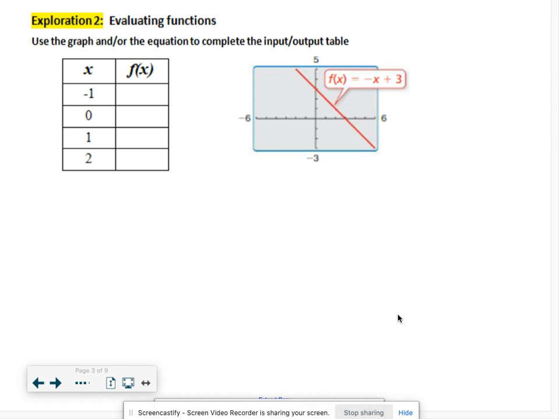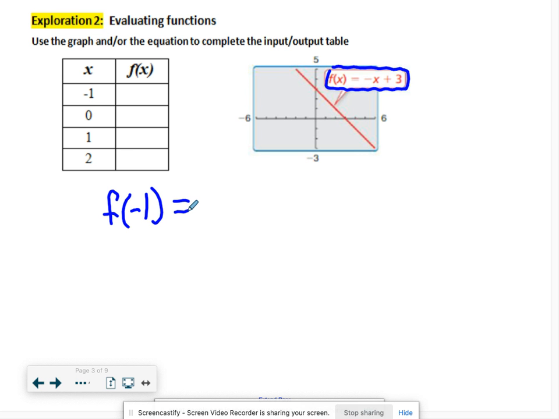It says, use the graph to complete the input-output table. So here is our function, f of x equals negative x plus 3. And we're going to plug in these 4 values to figure out what our output is. So I'm going to plug in -1, so -1 goes inside.